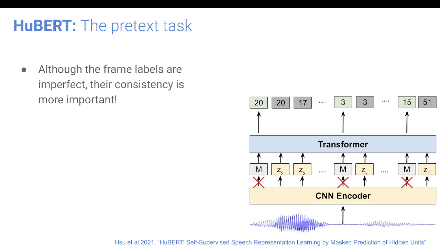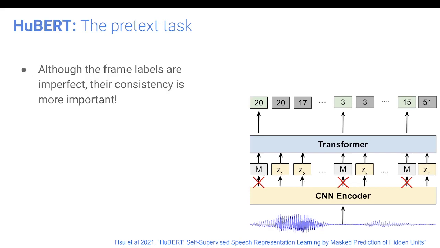This is conceptually similar to BERT, but it's done on these hidden units that we discovered from the k-means algorithm. The main motivation or philosophy of this model, or what makes this model work, is that it does not focus on the quality of these labels. These labels are imperfect, they are bad, because k-means, learned from MFCCs, is not necessarily perfect.